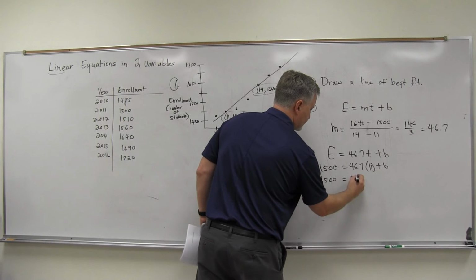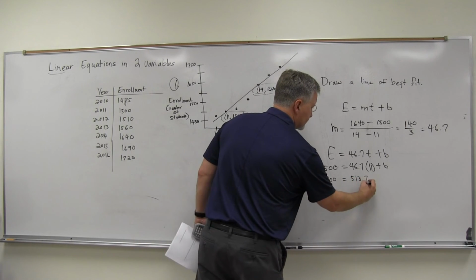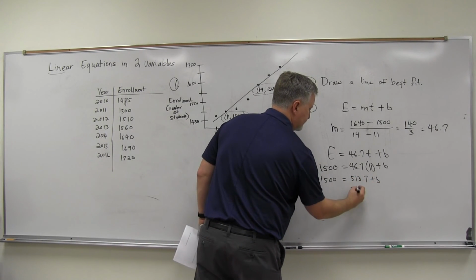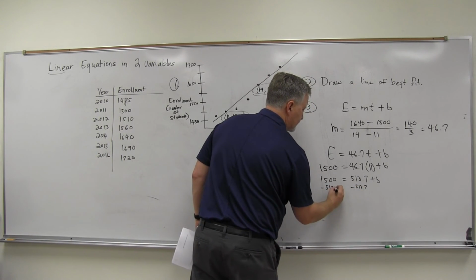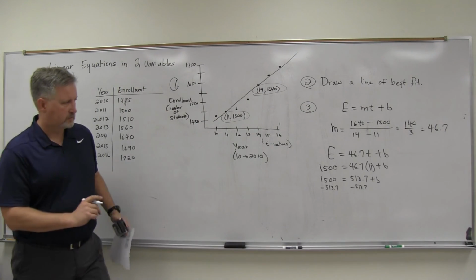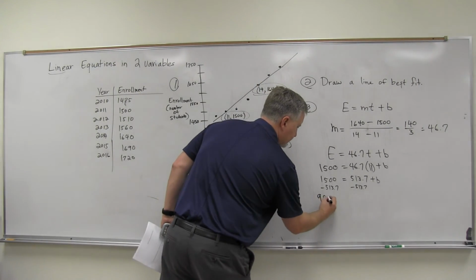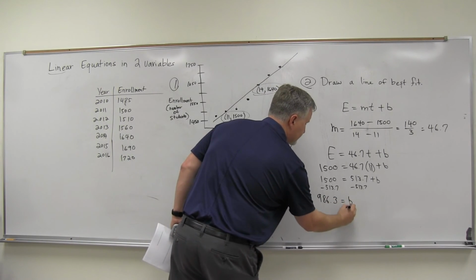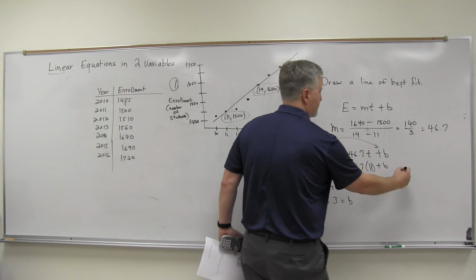So subtract that, and we get our B. 986.3. Thank you. 986.3 is my B. So just plug that in, and there's my model.